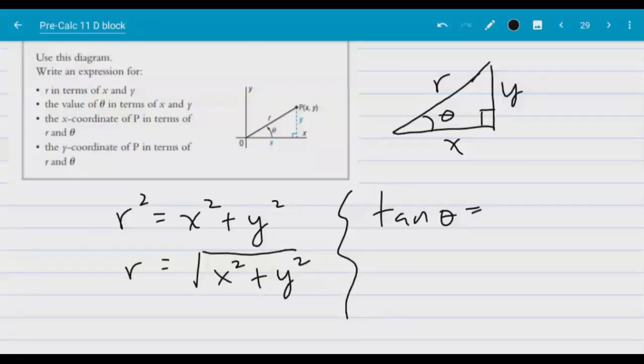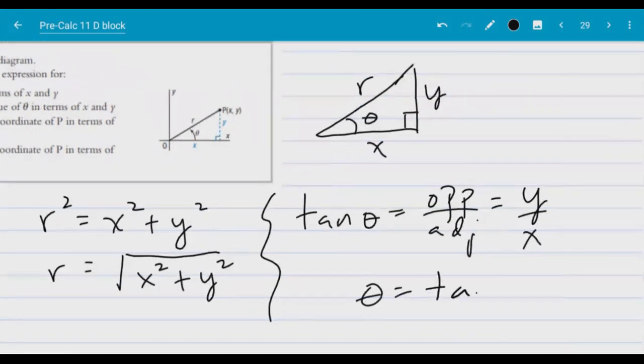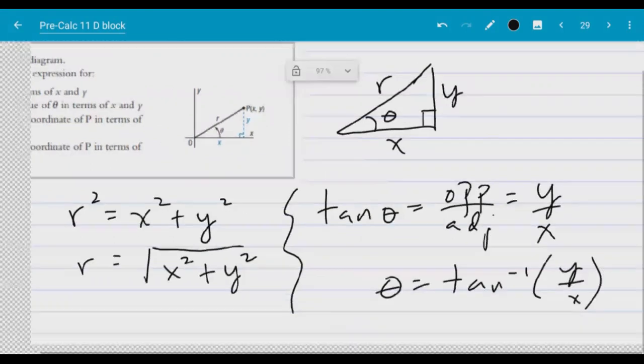Tangent theta is equal to opposite over adjacent, which means it's y over x. Or to isolate theta, that would be tangent inverse of y over x. Okay? So we're good with that.